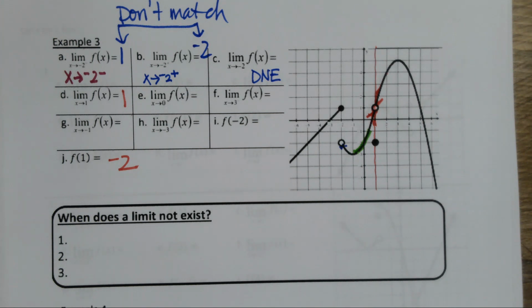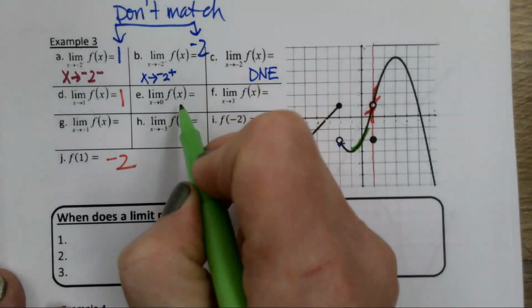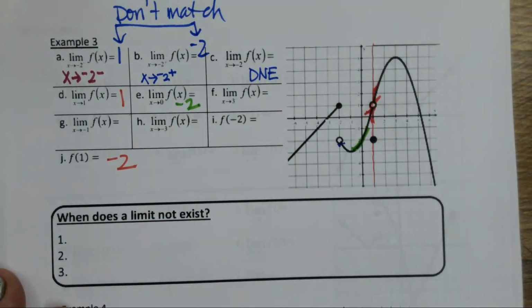And if the value and the limit at 0 are the same, because there's no holes, there's no breaks, what is the limit at 0? I think I hear answers, but did I hear -2? Yeah. I heard 2s, but I think I heard somebody say -2.